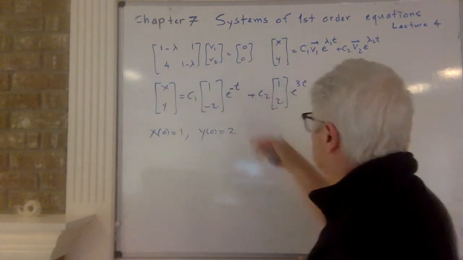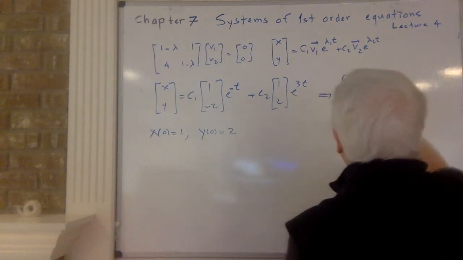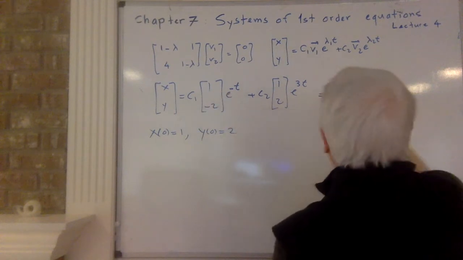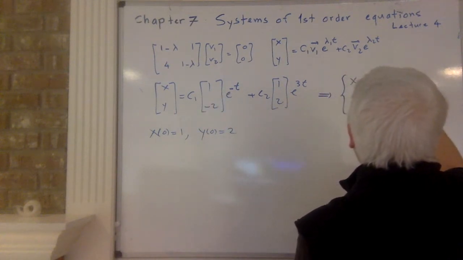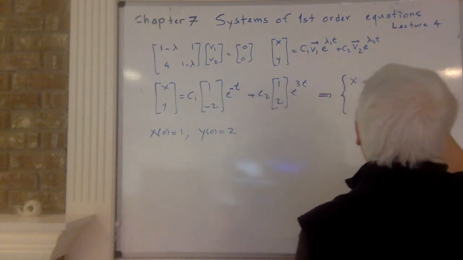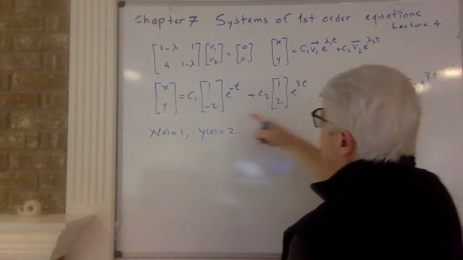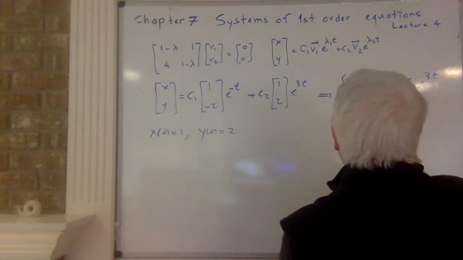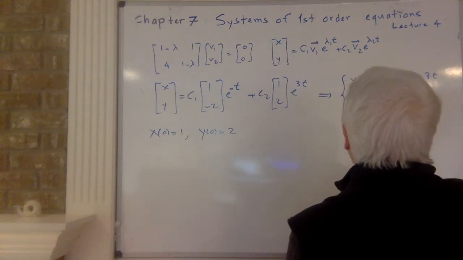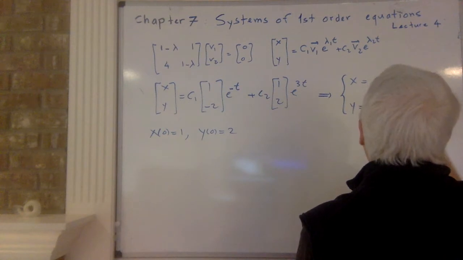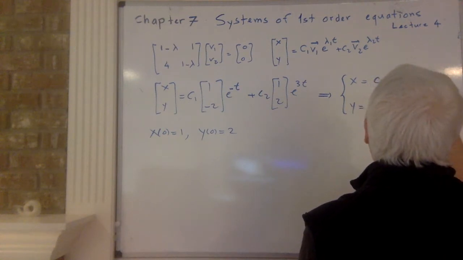So x is the first row, so let's write x explicitly, not in this form. That is C1 times 1 times e to the negative t, plus C2 times 1 times e to the 3t. The second row will be y equals minus 2 C1 e to the negative t plus 2 C2 e to the 3t.